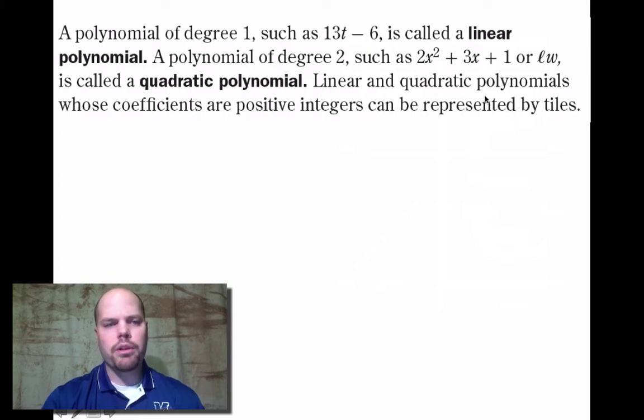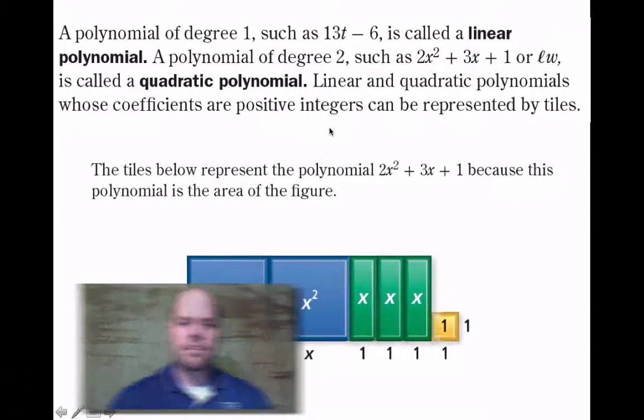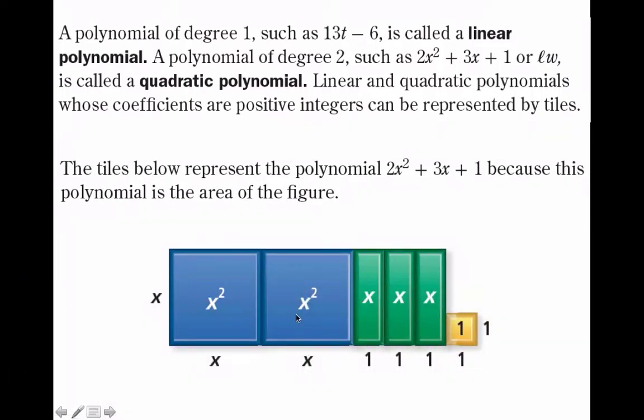Linear and quadratic polynomials whose coefficients are positive integers can be represented by algebra tiles, such as this. The tiles here represent 2x squared, and that's because this is an x by x, so it's x squared. This one is an x by x, so it is x squared too. So that's where you get the 2 of those, 2x squared.